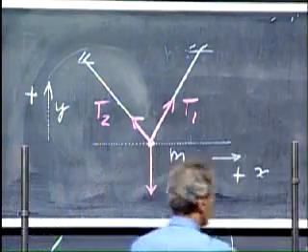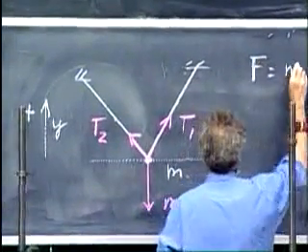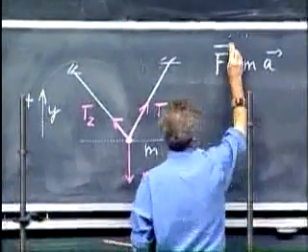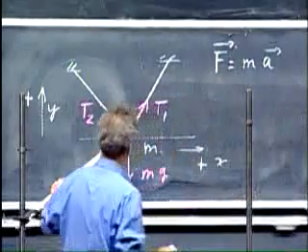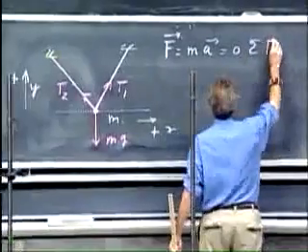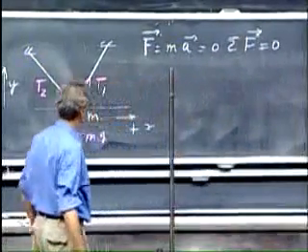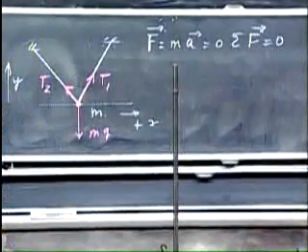I know from Newton's second law, F equals ma, that there is no acceleration, so this must be 0. So the sum of all forces on that mass must be 0. These three forces must eat each other up, so to speak.